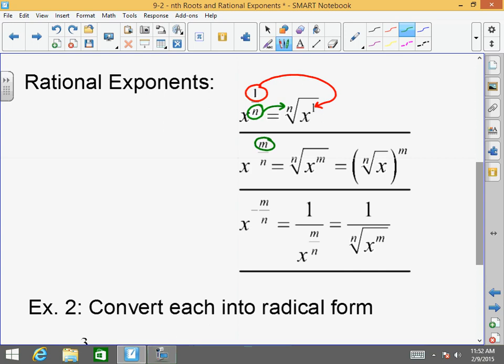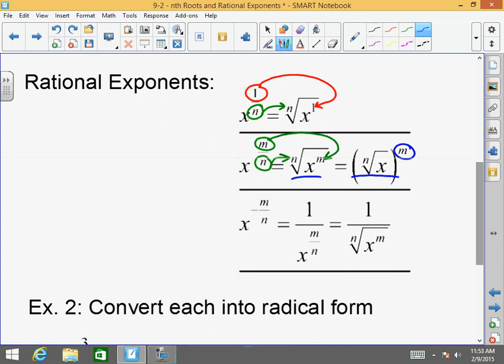The numerator of the rational exponent is the exponent of the radicand, and the denominator is the index. Or you could say the following: the nth root of x, raised to the m power. You could do either one, whatever makes it easier for you. I like this one. Some people like this one. It doesn't really matter.